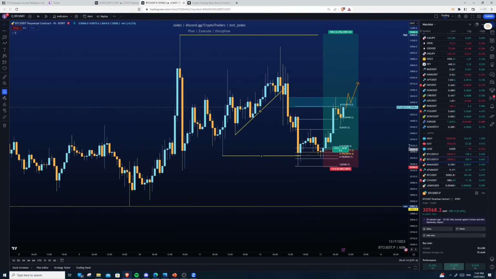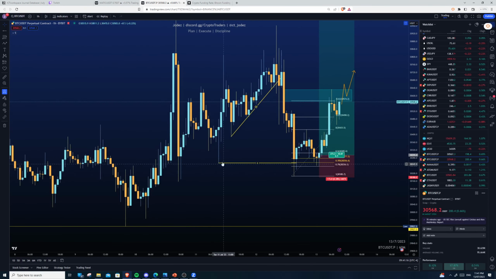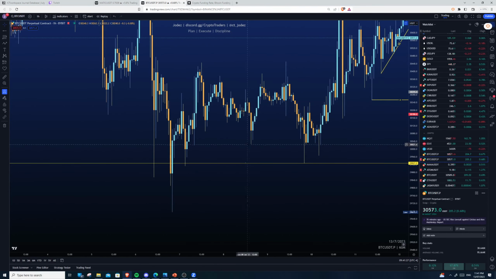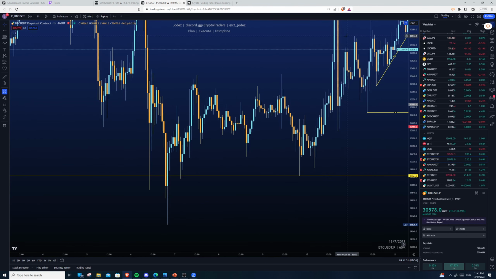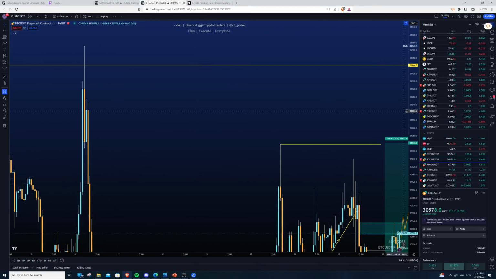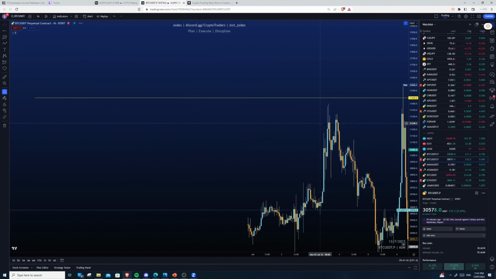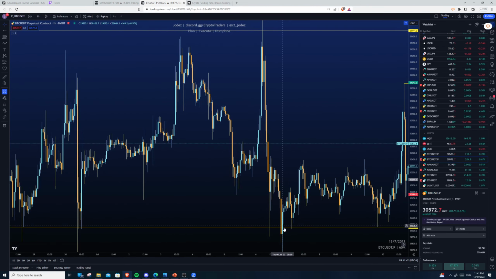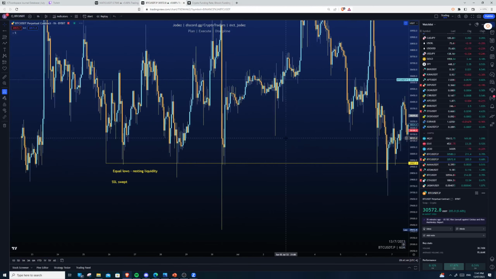You can see yesterday after the CPI release, we have the swing low right here, and this was taken out, and then we saw a reversal towards the upside. Same thing here, swing low, rigged below, and then reversal upwards. Same thing on the opposite end. So we have these resting highs here, price pushed slightly above, and then a very large dump downwards.